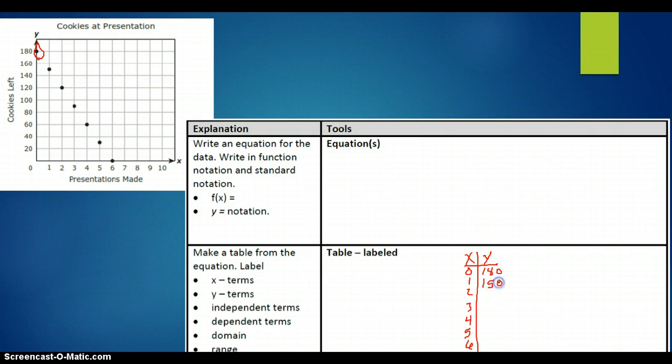I'm going to guess it's 150. 2 is 120. 3 is 90. 4 is 60. 5 is 30. And 6 is 0.